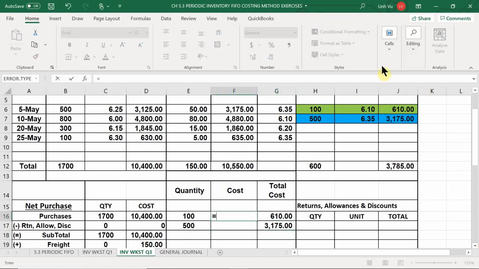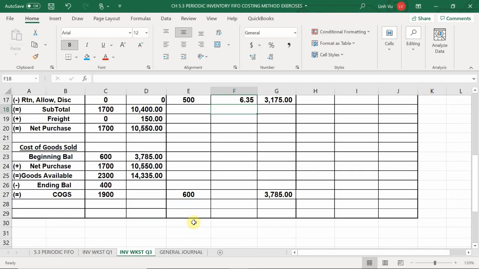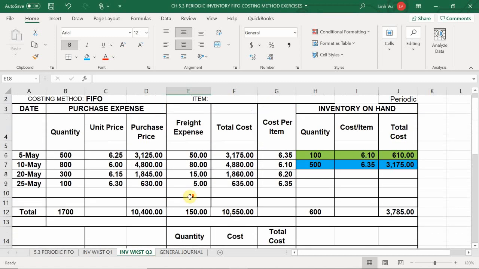So $6.10 for 800, which is a total of 4,880. Now we have a running total that we sold 1,900 units at a grand total cost.